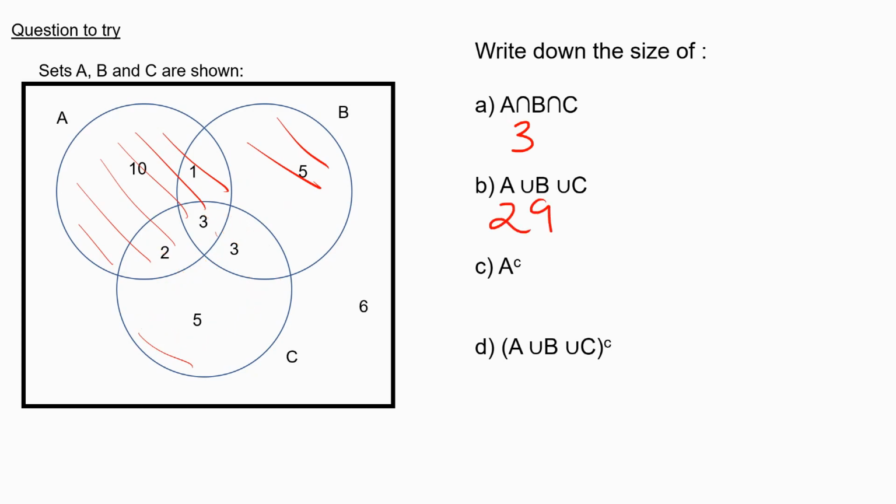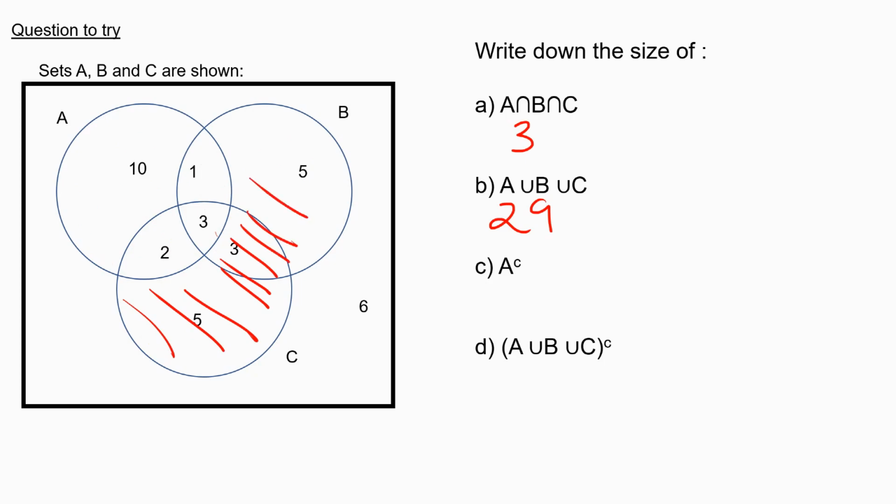A complement, that's everyone that is not in the A circle. So basically everyone who is outside of A. So let's count them up. We have 5 plus 3 plus 5. So that's the people in B or C, or both, but not A. And then 6 on the outside, so that's 19.